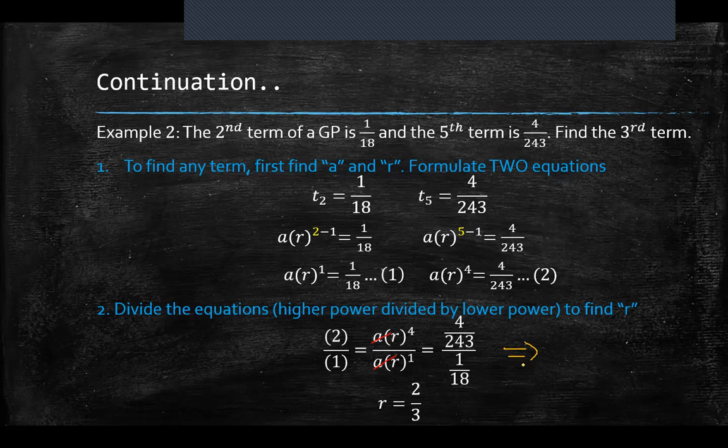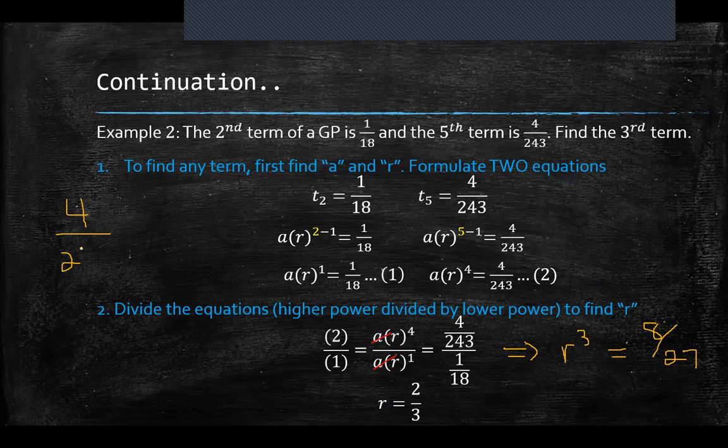But if I did this the long way and wrote out every single step, we said r to the power of 4 divided by r to the power of 1, that's r cubed. Then if I divide these two fractions, I would get 8 on 27.